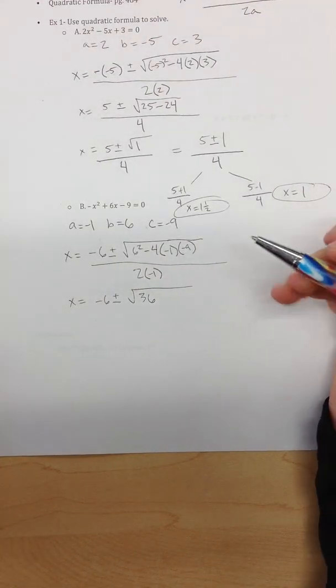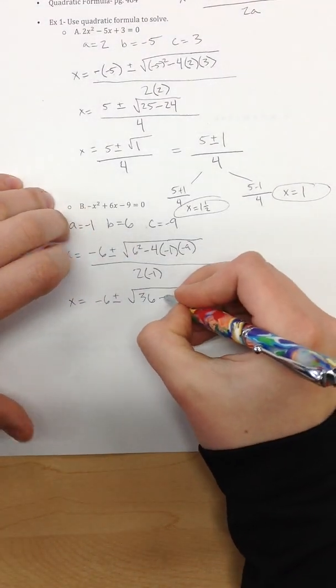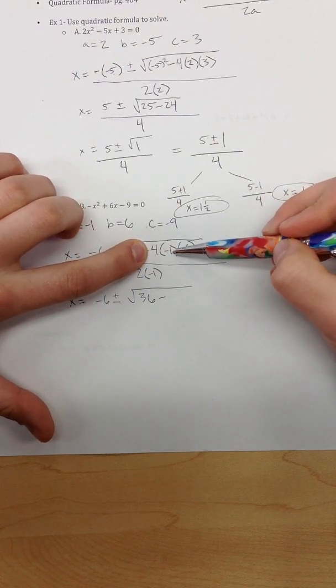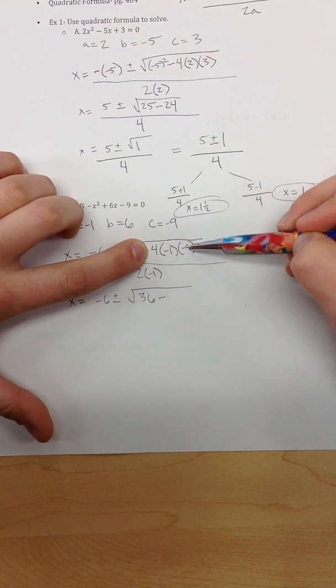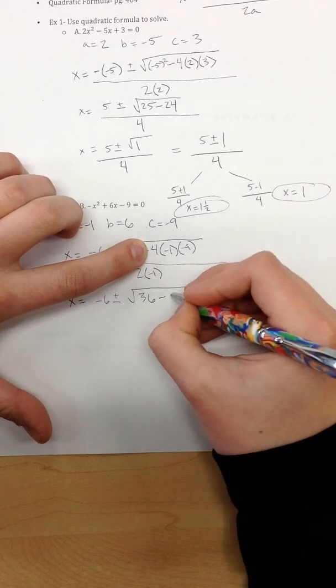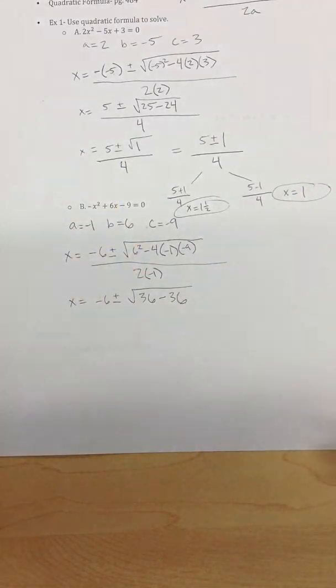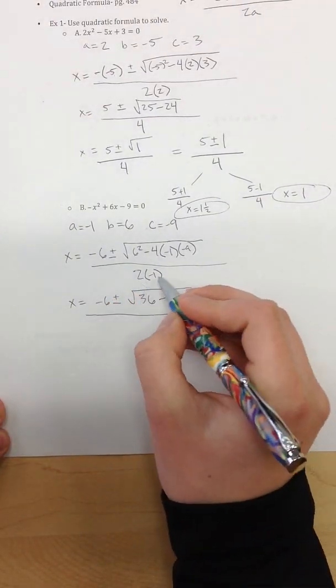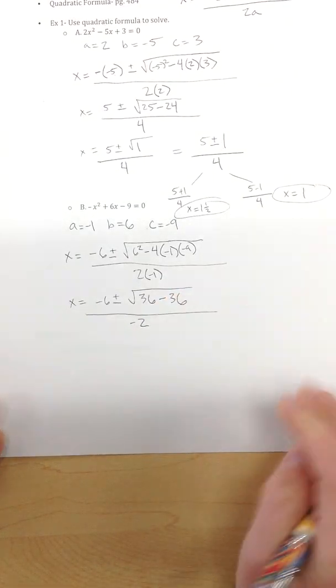And then here I usually just do minus here and then ignore that, subtract, and I would go 4 times -1 would be -4, times the -9 would be positive 36. So 36 minus 36 there, over, and then 2 times -1 is -2.